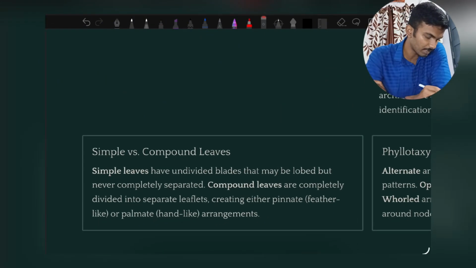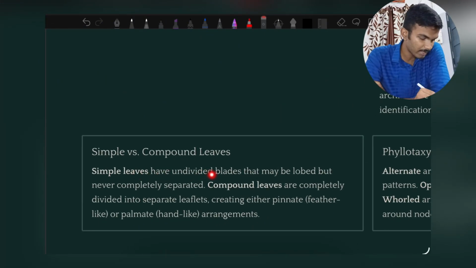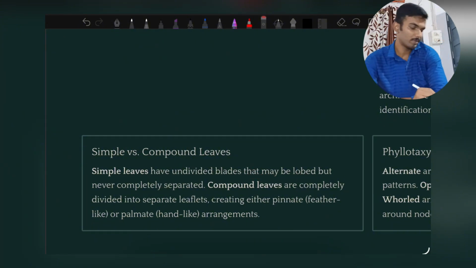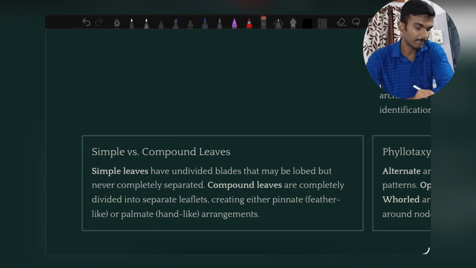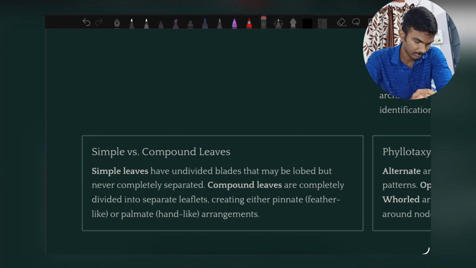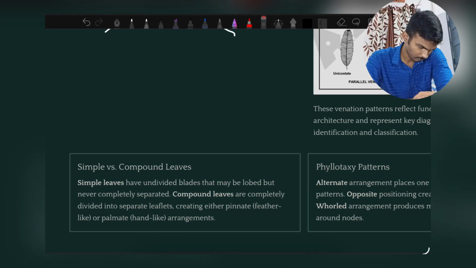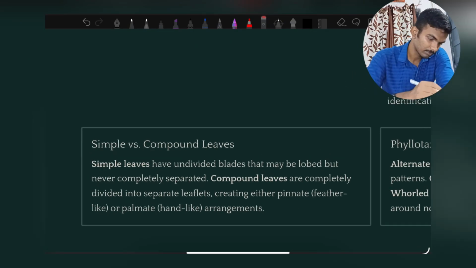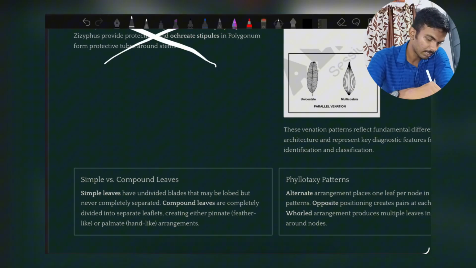Simple versus compound leaves. Simple leaves have undivided blades that may be lobed but never completely separated. Compound leaves are completely divided into separate leaflets, creating either a pinnate, feather-like, or palmate, hand-like arrangement. Pinnate is like this.